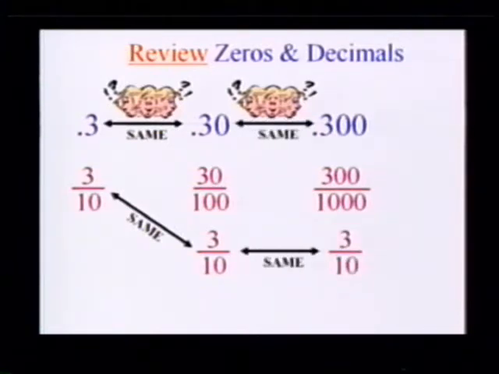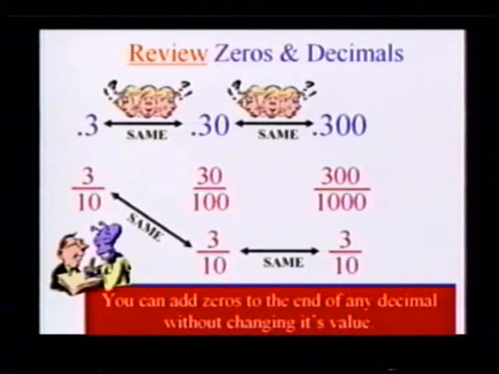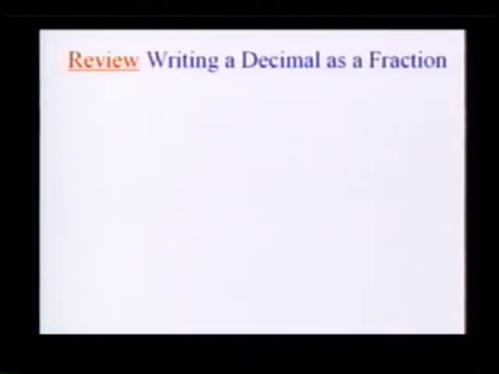So my point, you remember, is that you could take out zeros, or put in zeros, that were at the end of a decimal. Only at the end, okay? Remember that now, because when we talk about multiplying, it's going to come into play.